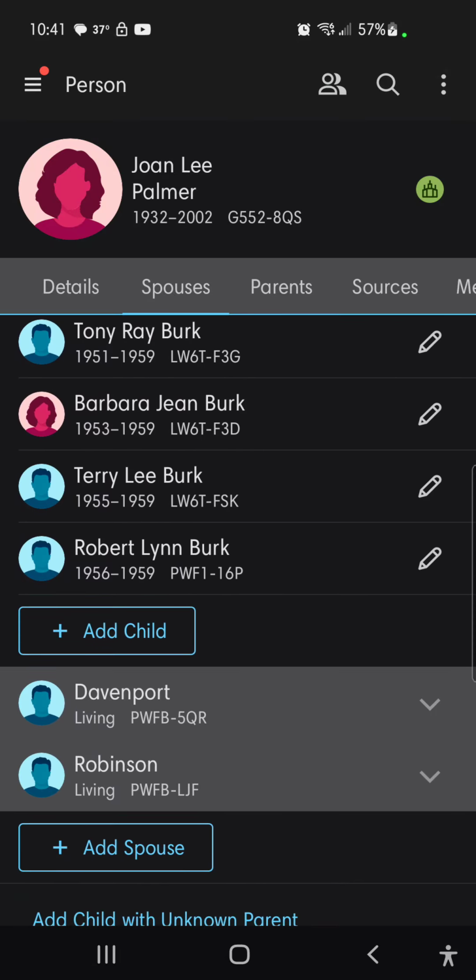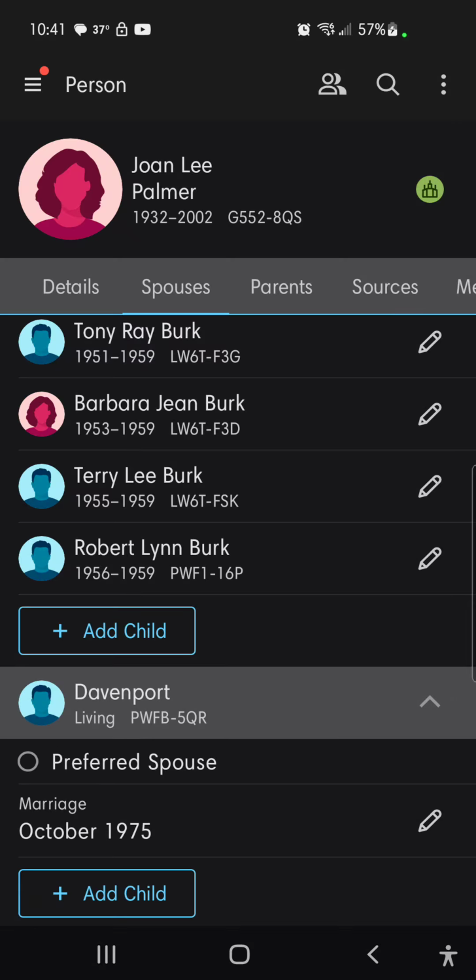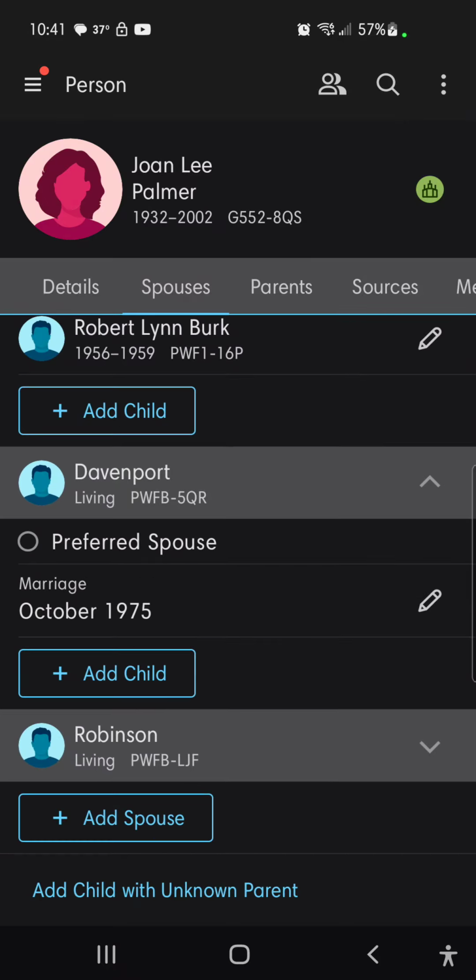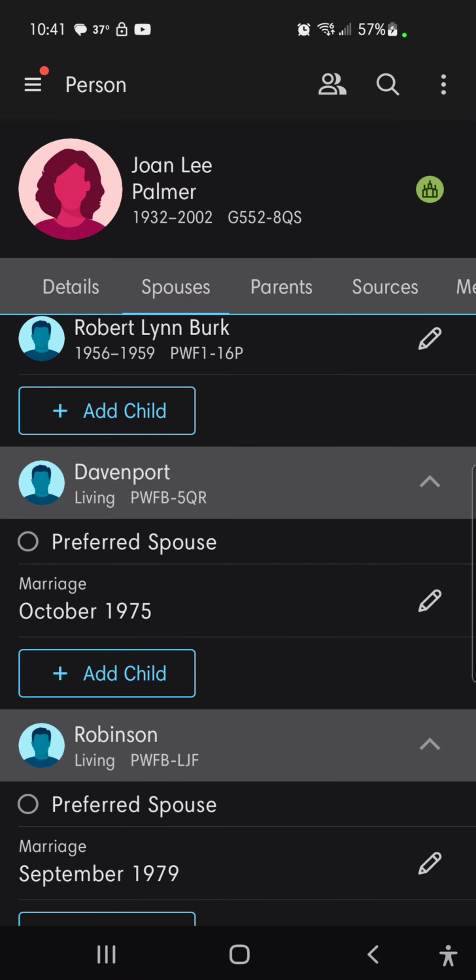So then the next two, I've got Mr. Davenport, married in 75, Mr. Robinson in 79. Again, the months come from the date of application for the new surname on Joan Lee Palmer's Social Security record. And they are ballpark at the moment. The year, considering it's before December, the years are probably right, but the months maybe not.